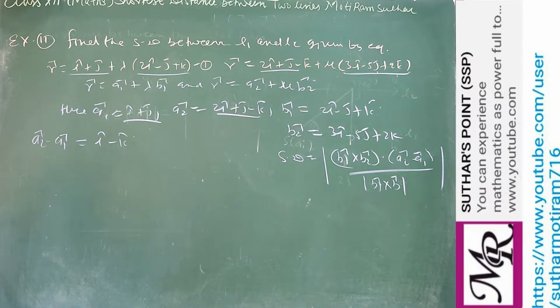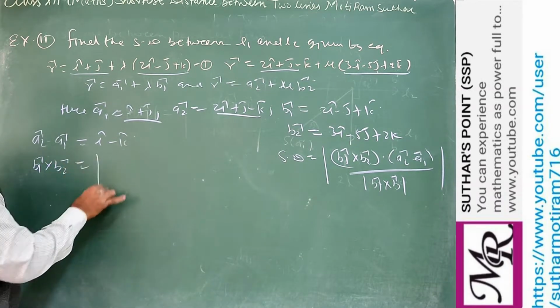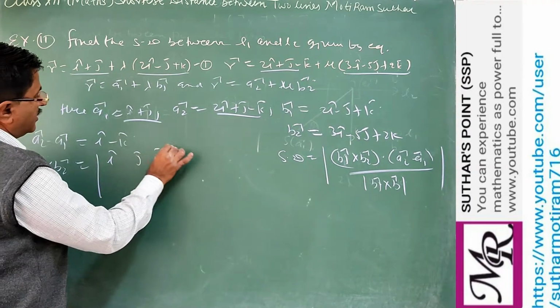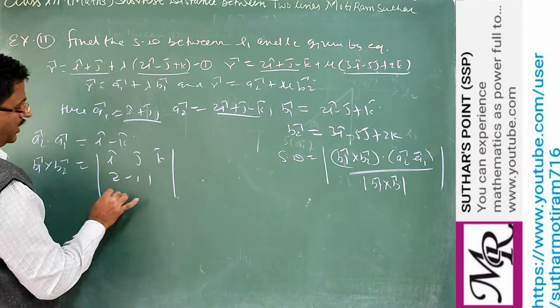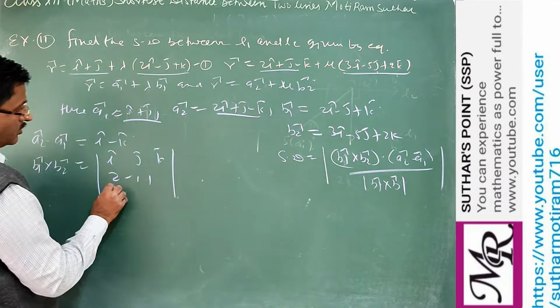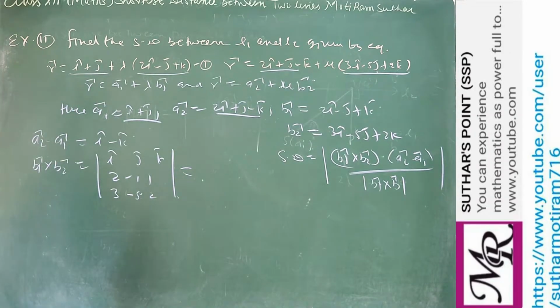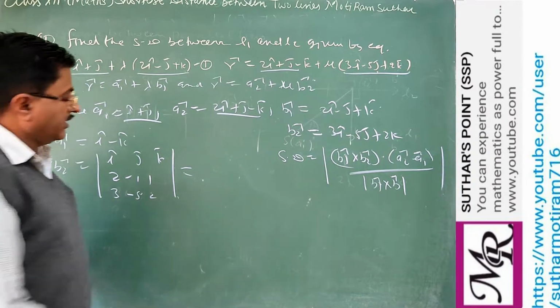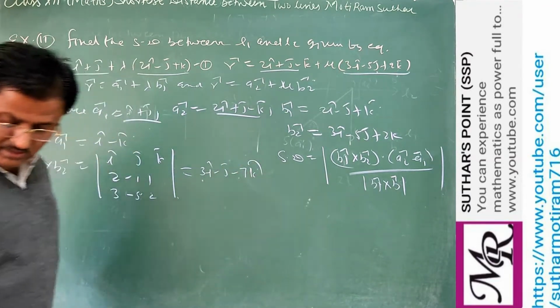Similarly, we find b1 cross b2 using the determinant i, j, k. Coefficients of b1, that is 2, minus 1, 1. Coefficients of b2, 3, minus 5 and 2. Okay? So you can solve with i, j, k, and that will give you the answer as the vector 3i minus j minus 7k.